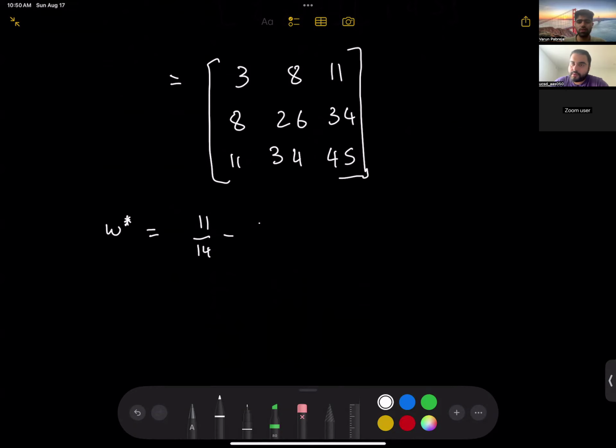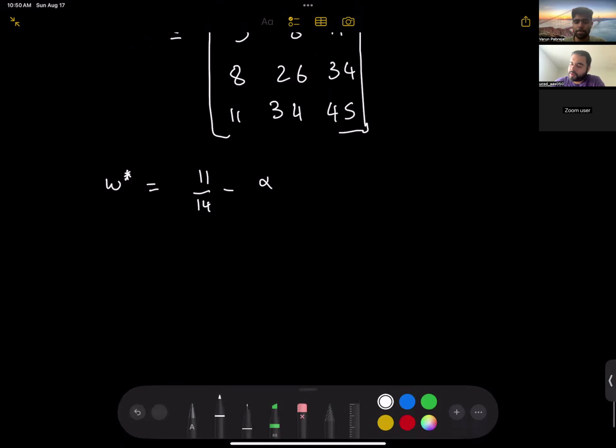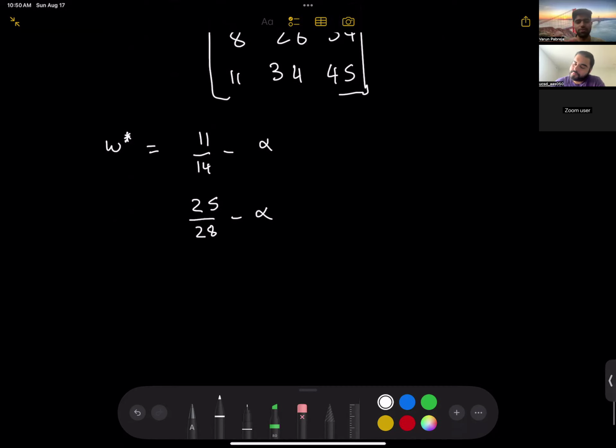Oh, you mean like... I guess you can just call it any variable, like alpha or something like that. It doesn't matter. Oh yeah, 25 over 28 minus alpha. Is that the bottom value or the right? That's the middle value. 25 over 28 minus alpha. And then the last value is alpha.